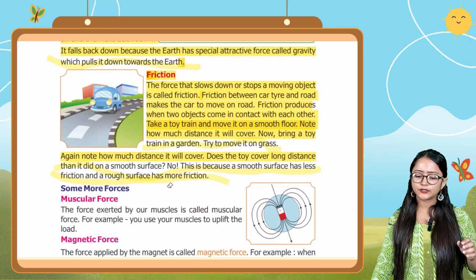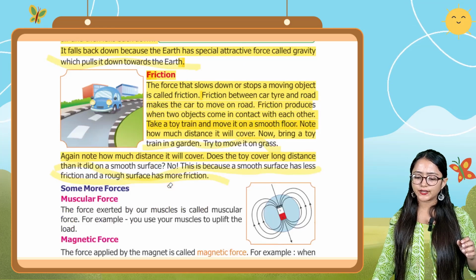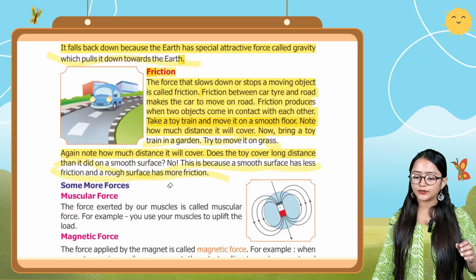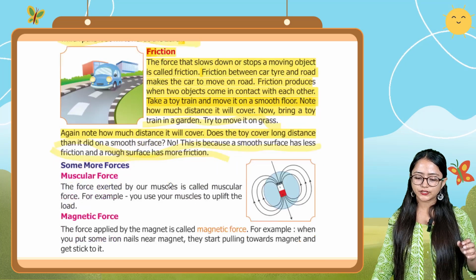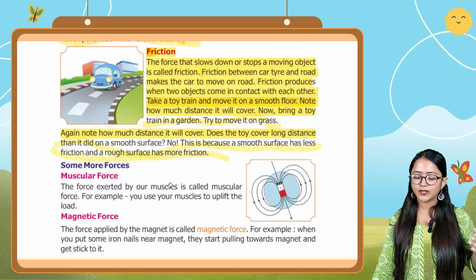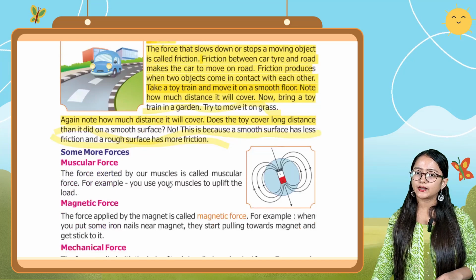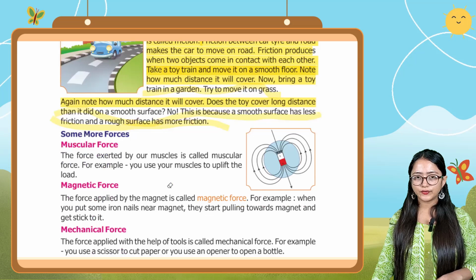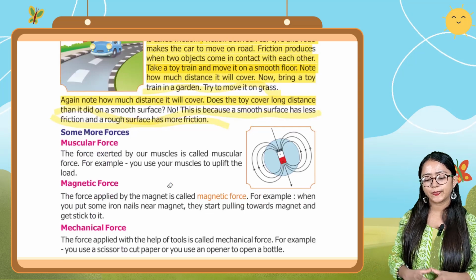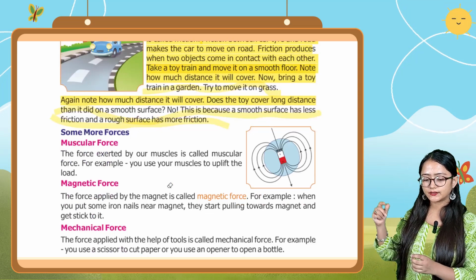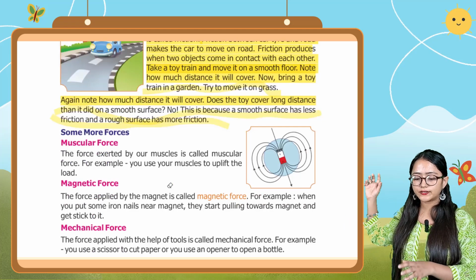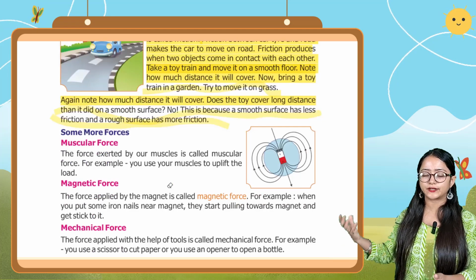Take a toy train and move it on a smooth floor. Note how much distance it will cover. Now bring the toy train in a garden. Try to move it on grass. So basically it is saying that the force that slows down or stops a moving object is called friction.